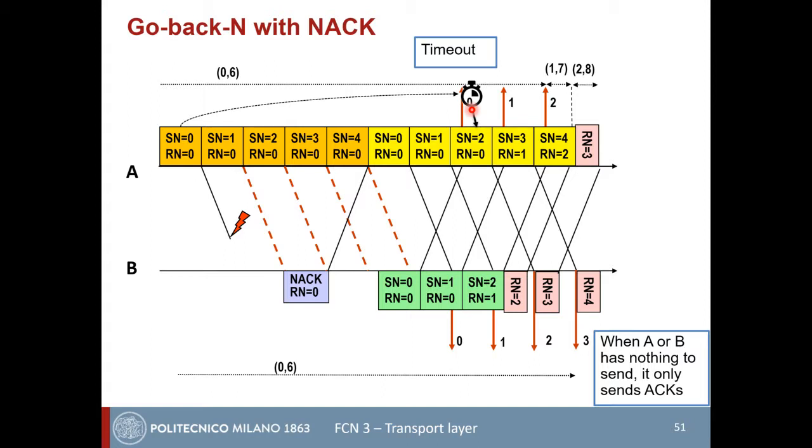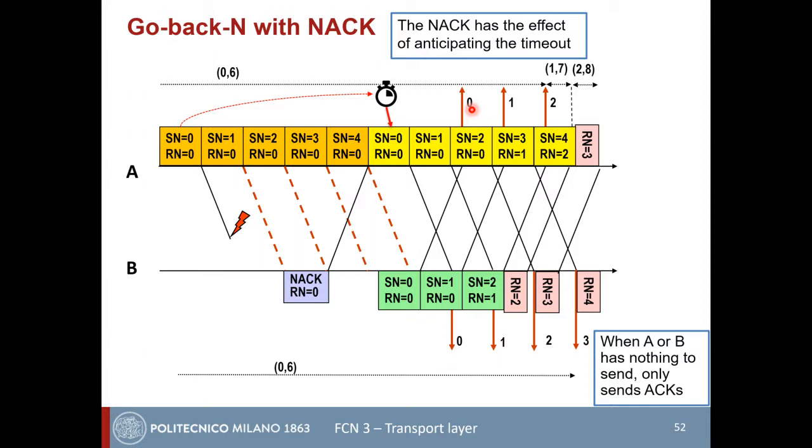The transmission of 5 and 6 actually is useless because we know already that they will be discarded. Instead, with the NAC, A can start retransmitting soon. So the NAC has the effect of anticipating the timeout, and increases the efficiency.